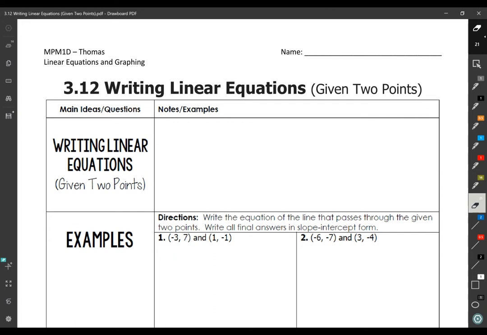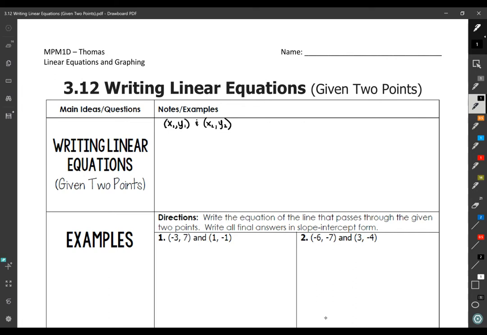So we know that if we're given 2 points, then we're gonna have something like x1 comma y1 and x2 comma y2, right? We're given 2 points and we need to determine the equation of the line that would connect these 2 points.